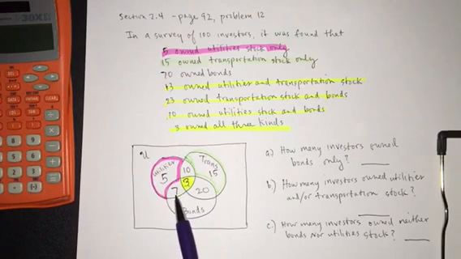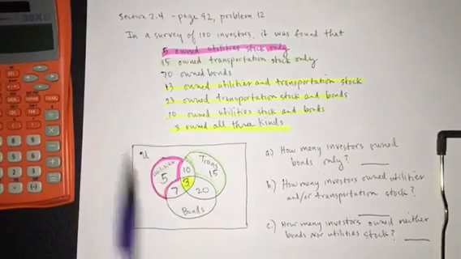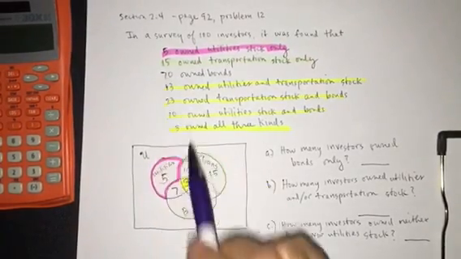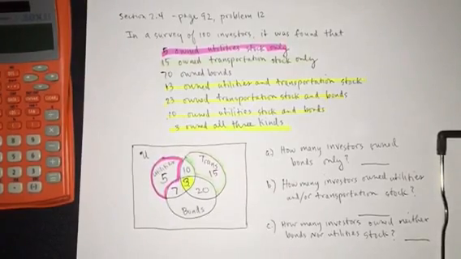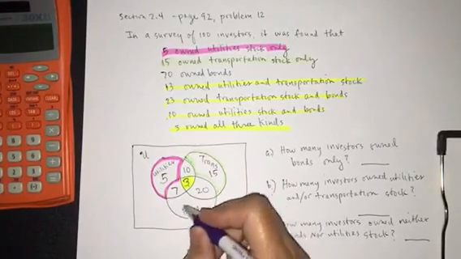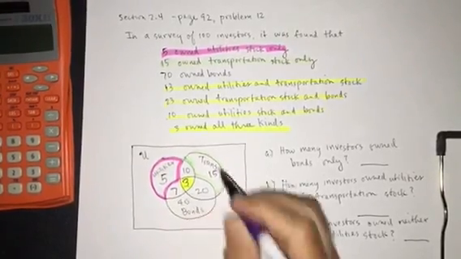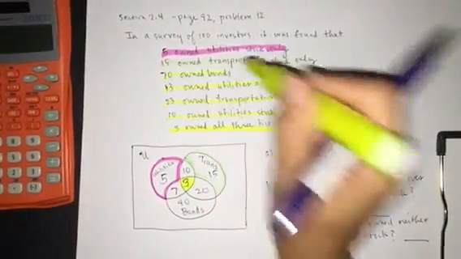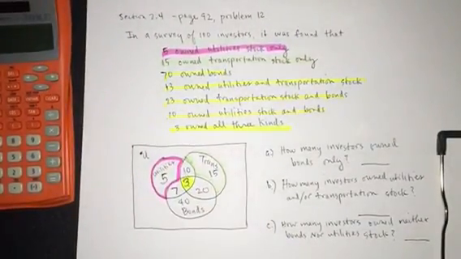And if you add those three numbers, you'll get 30. 30 people from the 70 are already counted, so I'm going to have to subtract. 70 minus 30 will give me 40. 40 people owned just bonds. So I have the 70 who owned bonds accounted for in my picture.